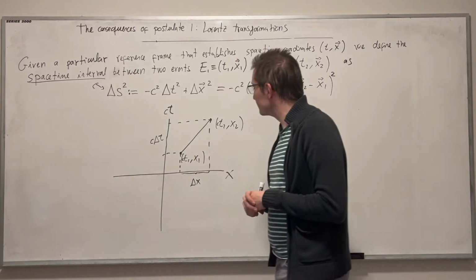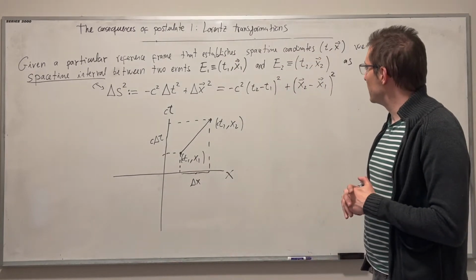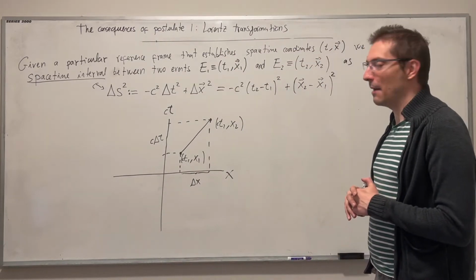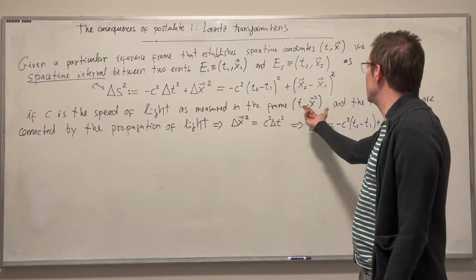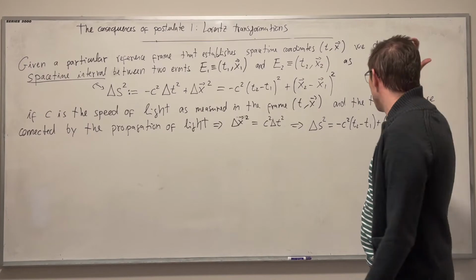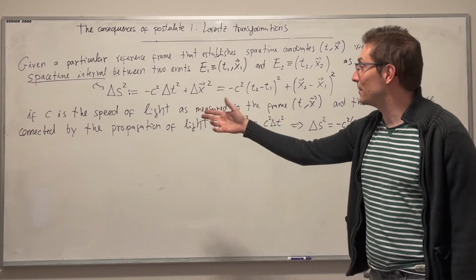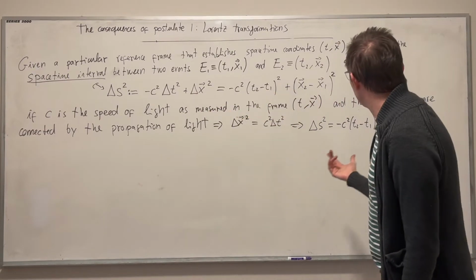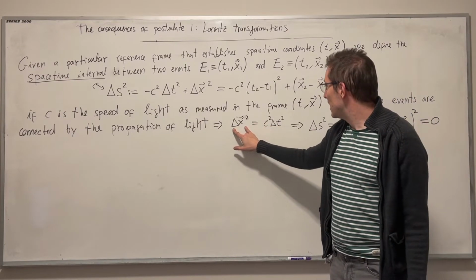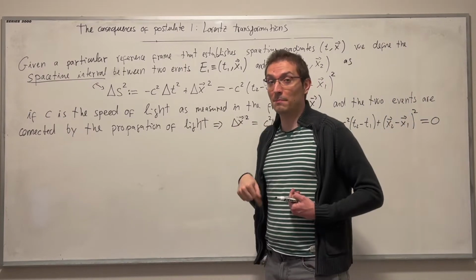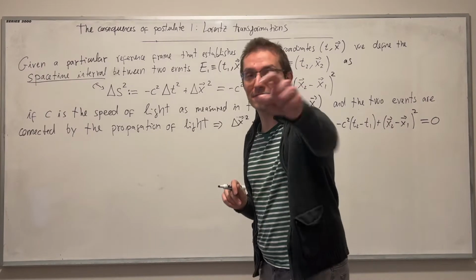All right. Now, if I take two events related by light, what would happen? Let's see it. So if c is the speed of light as measured in the frame t, x, which is the frame we're using here, and the two events are connected by the propagation of a ray of light, then remember the two events: me jumping here and the light being received at the camera lens.